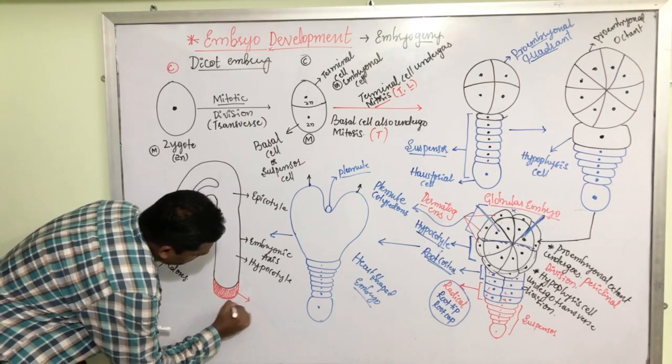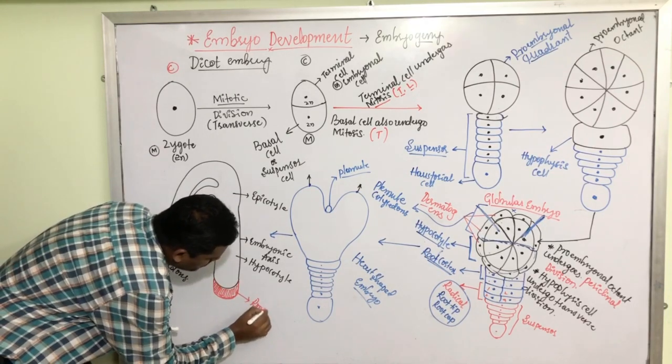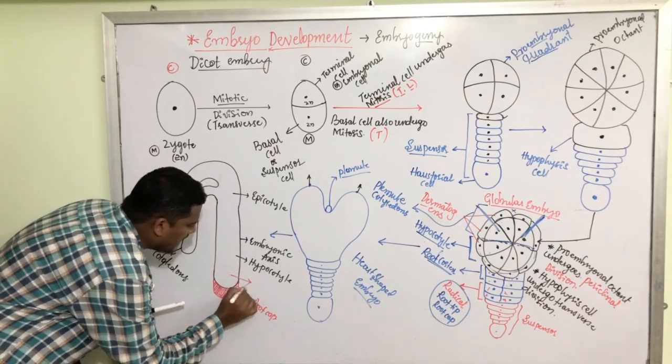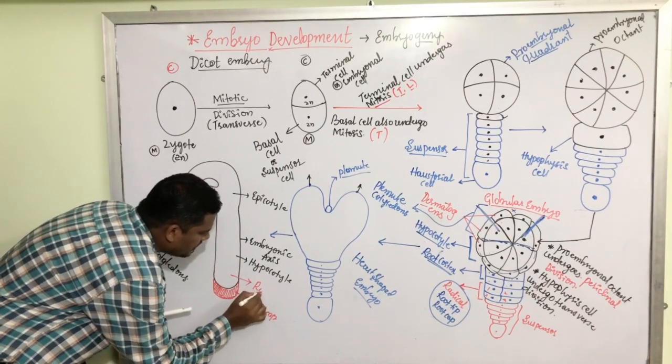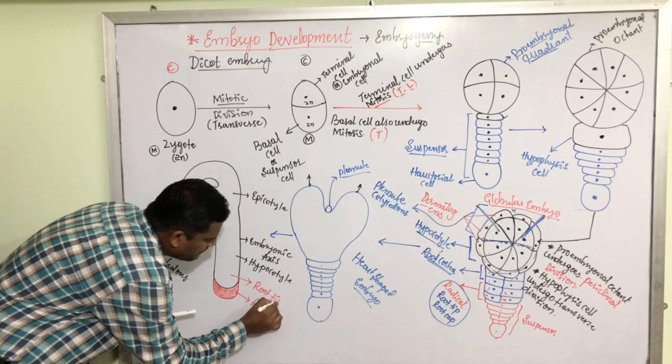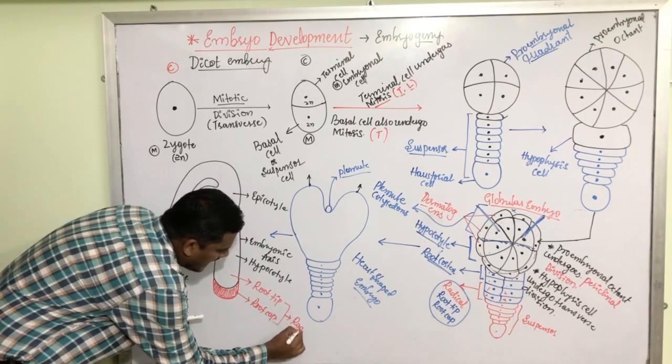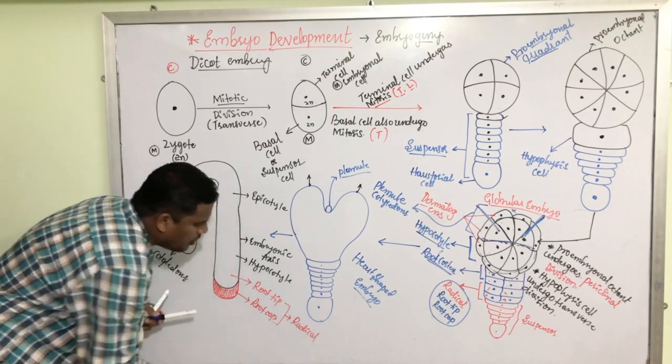This tissue is called as the root cap. Just above the root cap, here we have the root tip. Together, they constitute the radicle of the embryo.